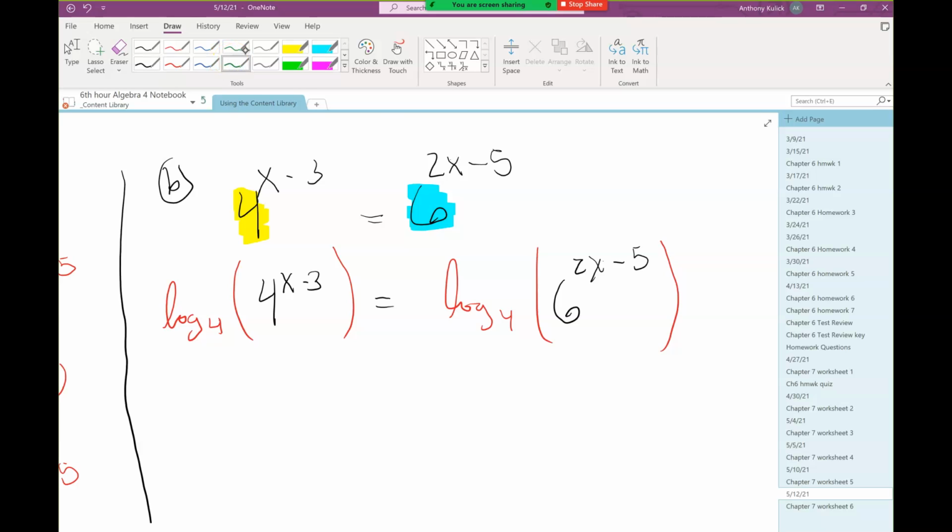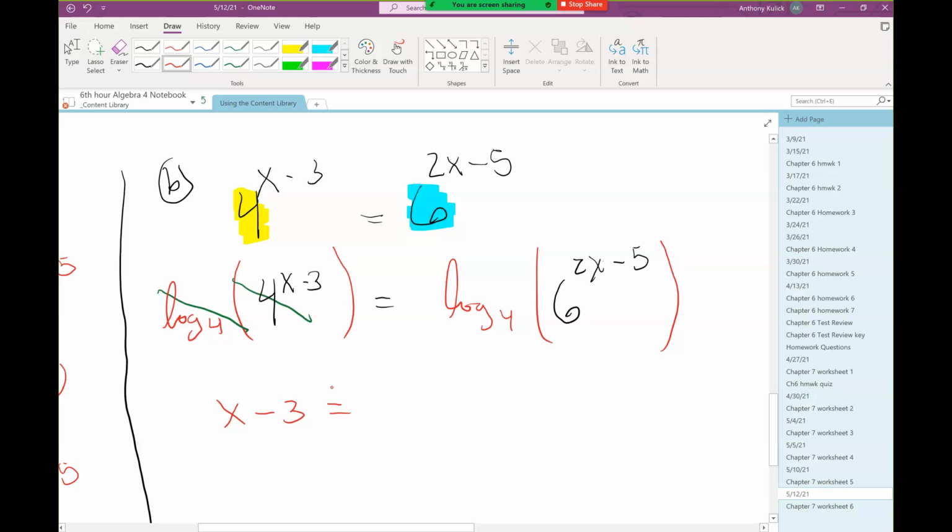All right. So, if you remember back to, I don't know, 2 lessons ago, one of the big ideas was that log base b will cancel exponent base b. So in this case, by choosing log base 4, we are able to cancel the exponent base 4. And we're left with just what was in the exponent, the x minus 3.